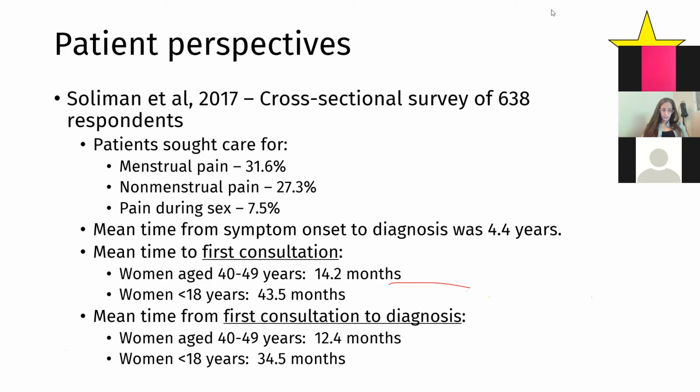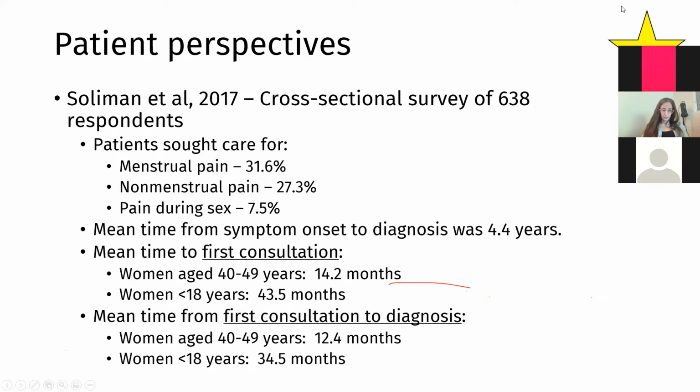So this was a survey of about 638 respondents that sought care for several different types of pain. The mean time from the patient recognizing that they have symptoms to diagnosis was 4.4 years, so quite a long time. The mean time to getting a first consultation with a physician for women in their 40s was a little over a year.